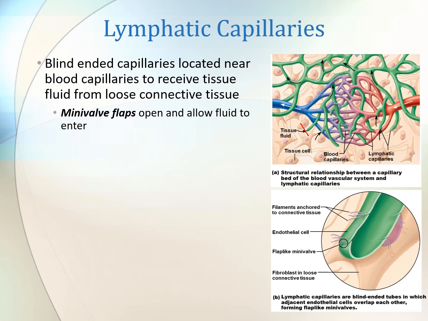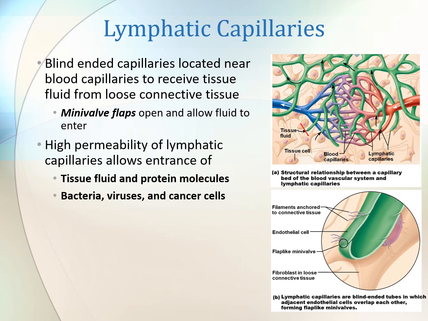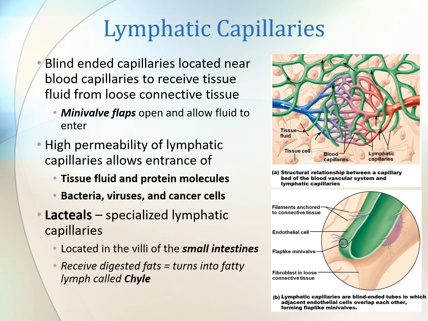So they have these little mini valve flaps which essentially allow the fluid to enter, okay? So they're very permeable and they pick up fluid, protein, and anything else such as bacteria, virus, cancer cells, pretty much just about anything, okay, they're going to pick up.